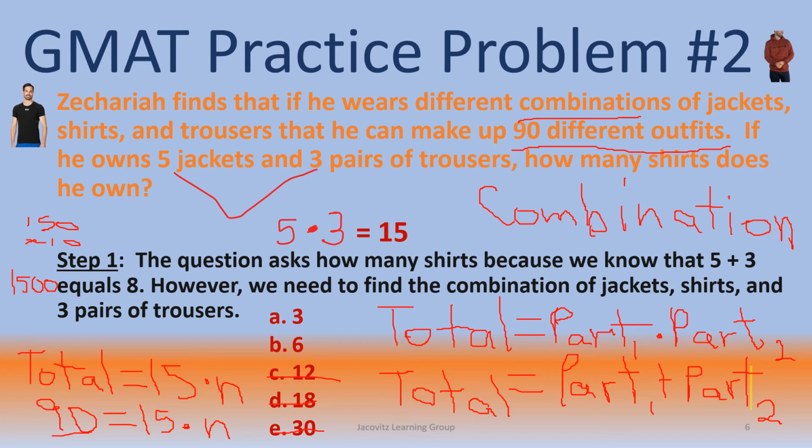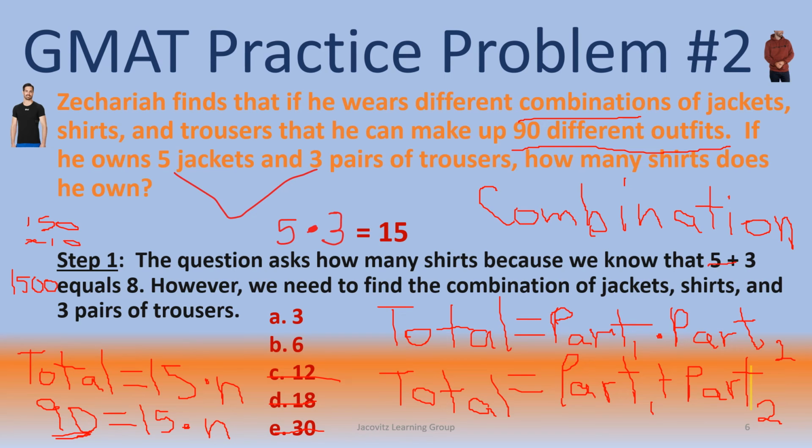Now, you guys remember your times tables? Then this is what you do. But since we were already given that, we have 5 plus 3 equals 8, but we multiplied it out because when you see what's happening here, we have parts. You don't do 5 plus 3 for a combination.